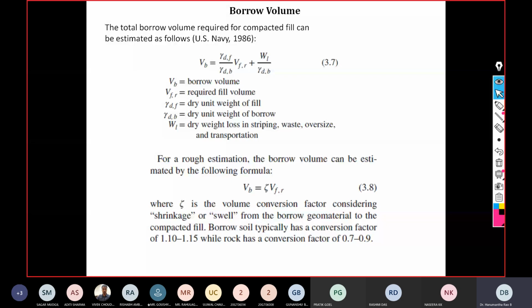So for this, you need to determine two things. First of all, what is the density of the borrow area soil. The second thing is, what is the target density that you are going to fix.